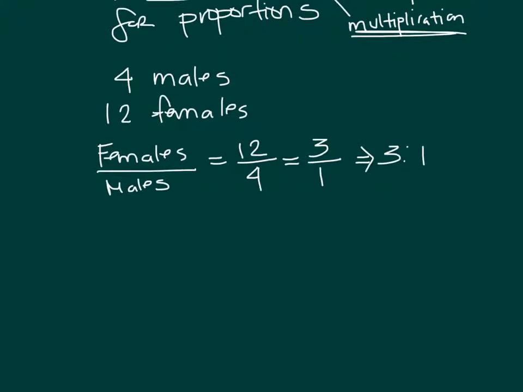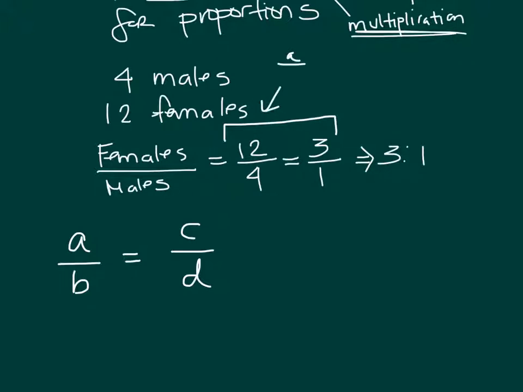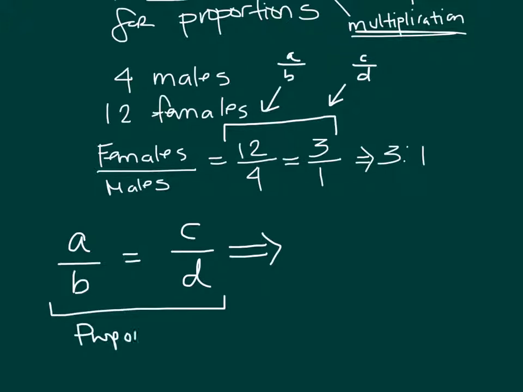So this cross multiplication principle says if I have A over B equals C over D, here's my A over B, here's my C over D, and those fractions are equivalent. Then I'm allowed to rewrite my proportion. I'm going to cross and I'm going to multiply.